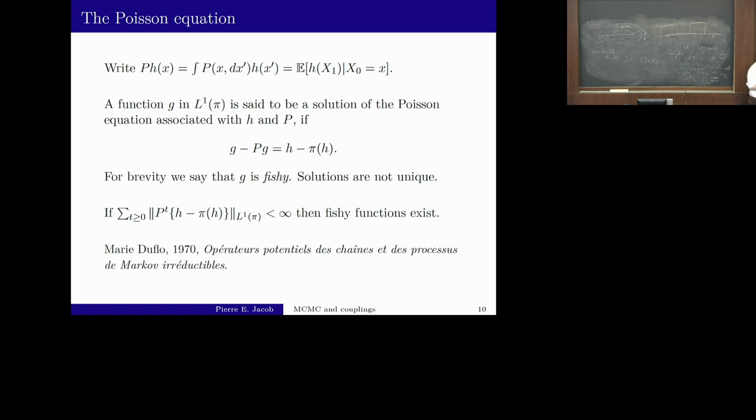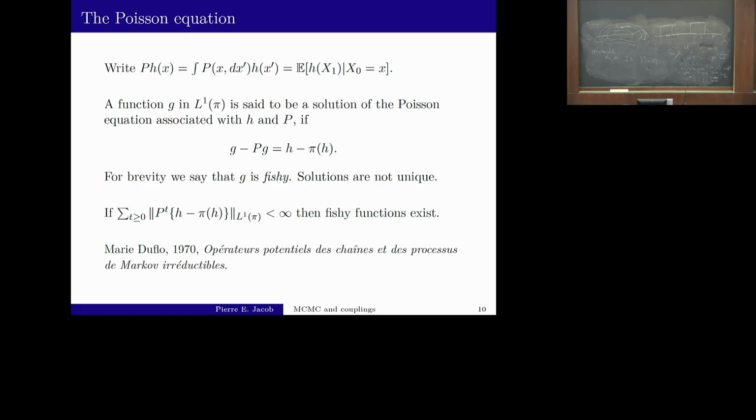So in order to save time, instead of saying g is the solution of the Poisson equation, I'll say that g is fishy, because Poisson means fish in France. It's named after Denis Poisson. And a lot of things are called the Poisson equation, as it turns out. Every field of applied math has a Poisson equation. But in the context of Markov chains, usually it's that one.